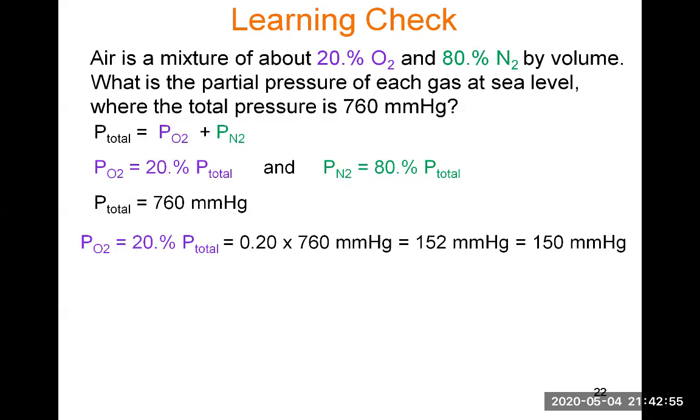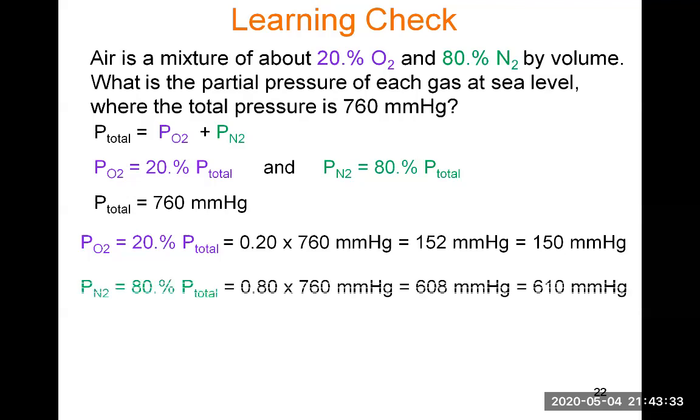And so that's the percentage in decimal form now, 0.20, right? You multiply that by the total pressure of 760 millimeters of mercury. And the calculator answer is 152. Here, because 20% has two significant figures, and 760 millimeters of mercury also has two sig figs, we will round to 150 millimeters of mercury.